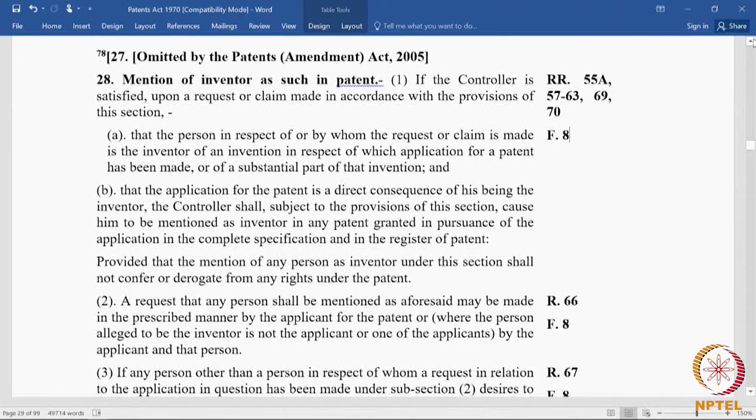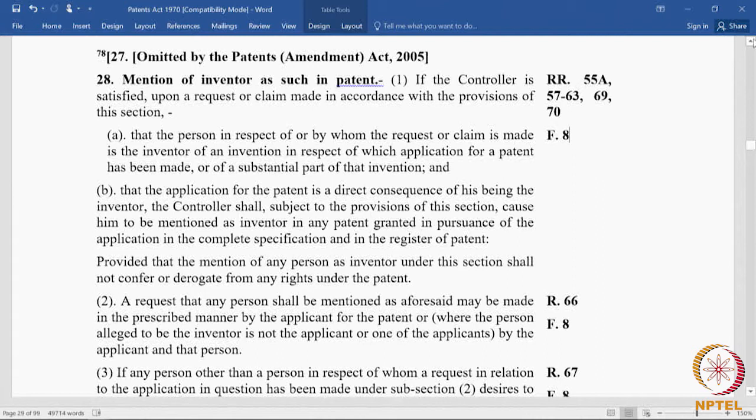Whereas an applicant is the person who owns the invention and who is entitled to apply for a grant of a patent. In a case where the inventor is also the applicant, then the inventor's name will appear in the inventor column of form 1. His name will also appear in the applicant column or assignee column in form 1.